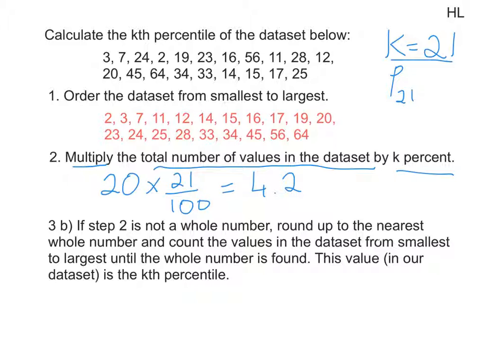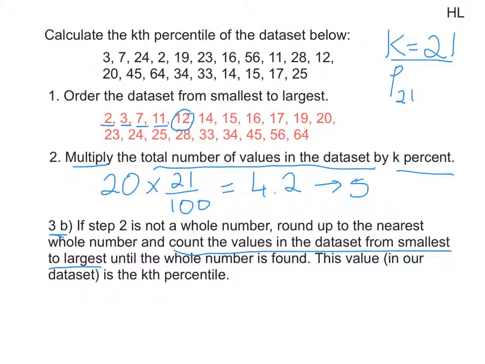Now we'll try step 3b. If step 2 is not a whole number, round up to the nearest whole number. So rounding up, we get 5. Count the values in the data set from smallest to largest until the whole number is found. So 1, 2, 3, 4, 5.